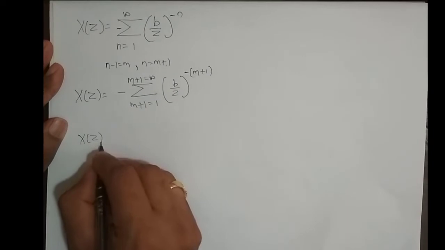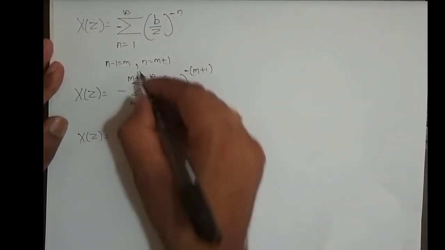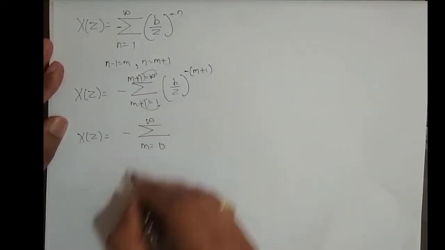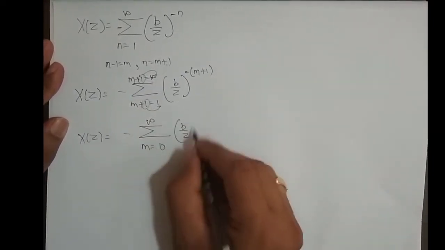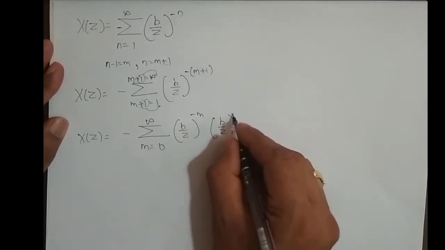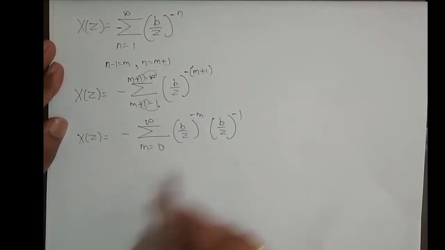So x of z is equal to minus of summation, if this 1 goes to the other side, and this 1 goes to the other side, what I get? m equal to 0 to infinity, (b by z) whole power minus m, times (b by z) whole power minus 1. If I remove this bracket, it is minus m minus 1, so I separated it.